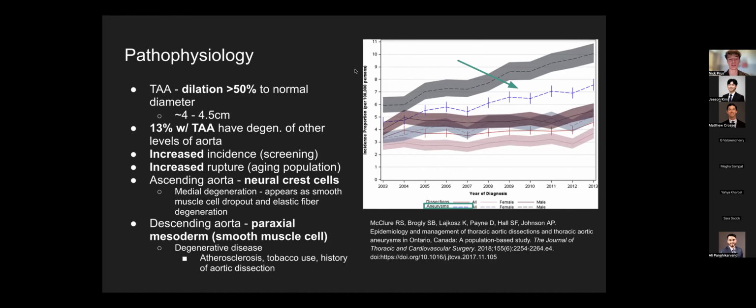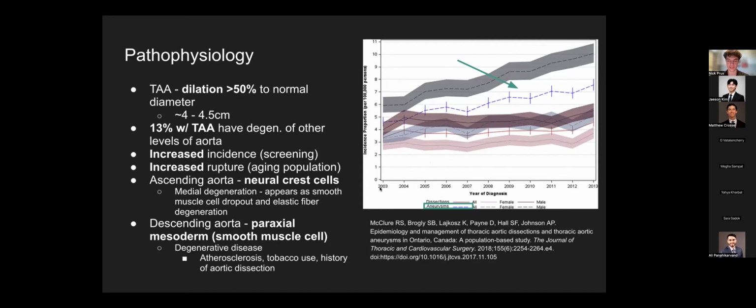Recently, there's been an increase in incidence that's likely due to increased screening. And there's also been an increase in rupture, and that's likely due to an aging population. The graph on the right side of the screen is from a JTCS article. This is quite outdated, but the trend is still consistent regardless.